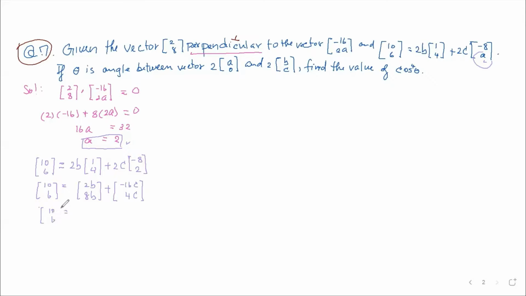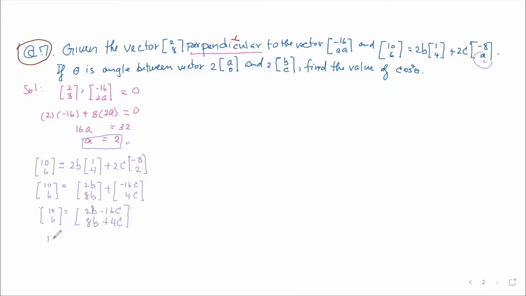So 10, 6, and then this one you can add up. 2b, this one 2b minus 16c. This is a b, okay? 2b minus 16c, and then this is 4b plus 4c. So now from the identity, right?